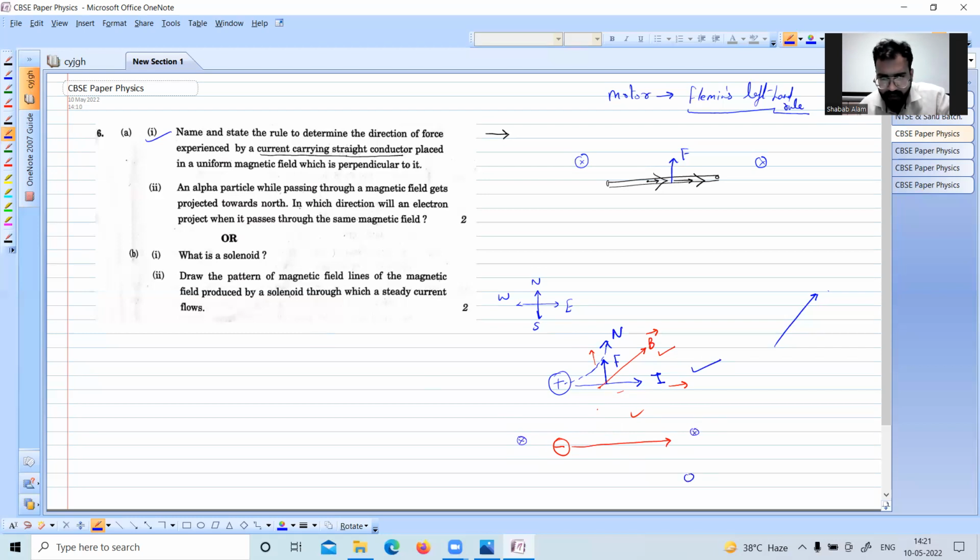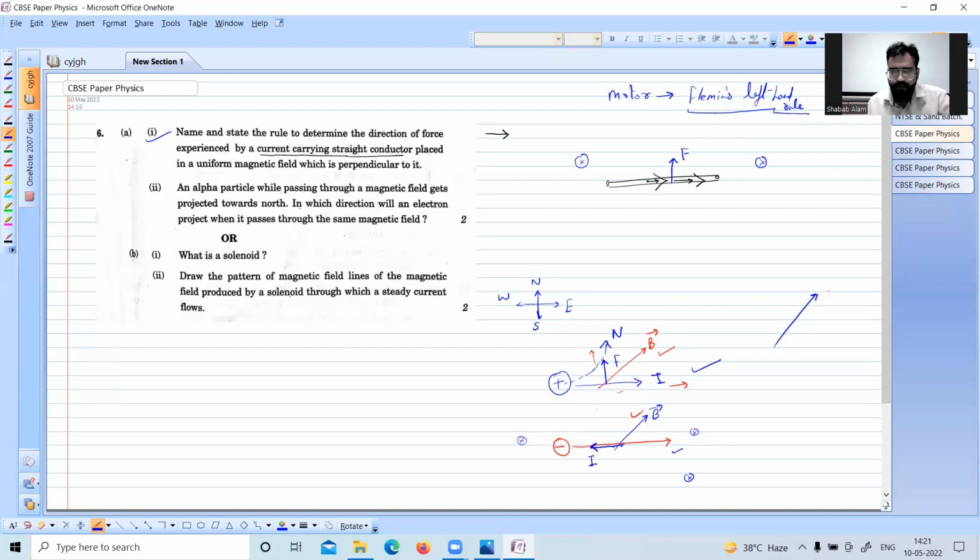The magnetic field is going inside the plane, and the direction of current is not in the direction this way, because it is now an electron, which is opposite to the direction of motion. So if the direction of motion of the electron is this way, the current will be in this direction.